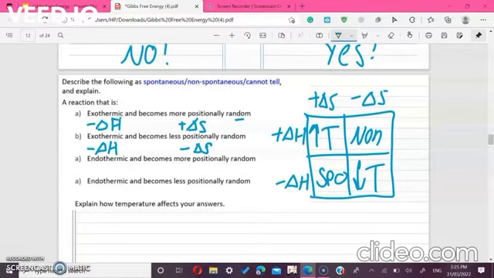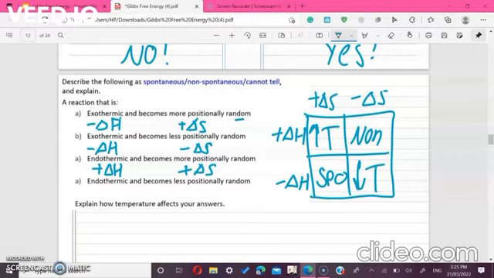Moving on to the third question, endothermic, so positive delta H, and becomes more random, so positive delta S. Both values share the same sign, so again we cannot determine whether the reaction will be spontaneous or non-spontaneous because temperature is not given.